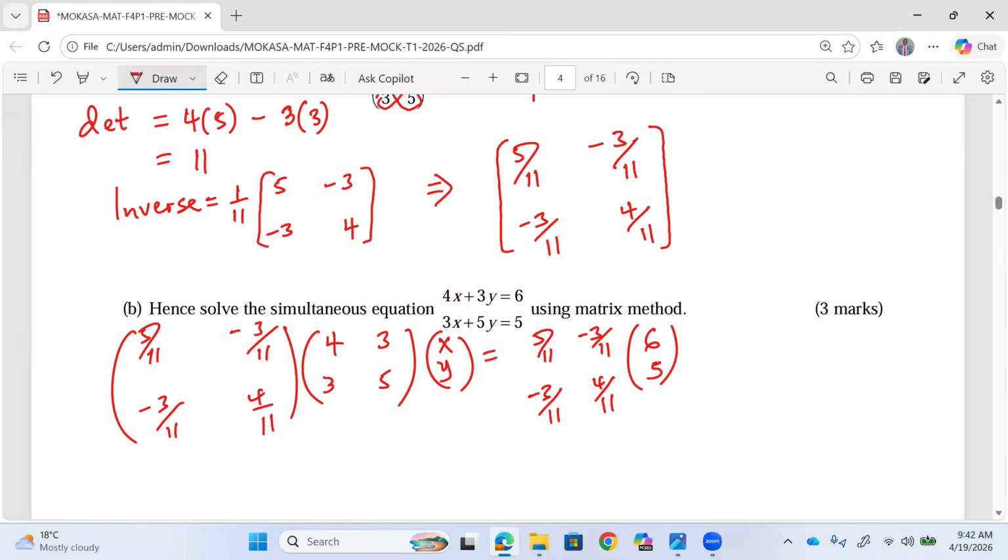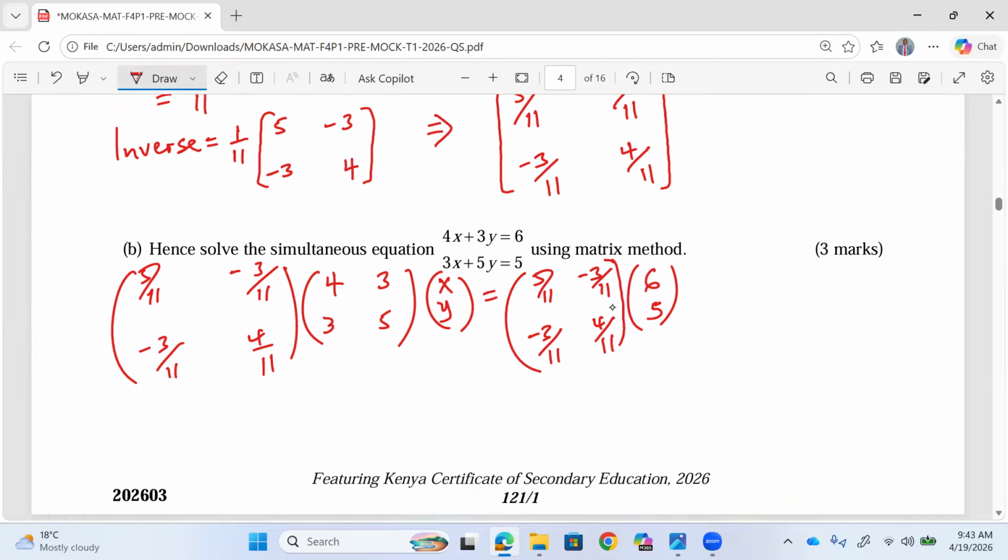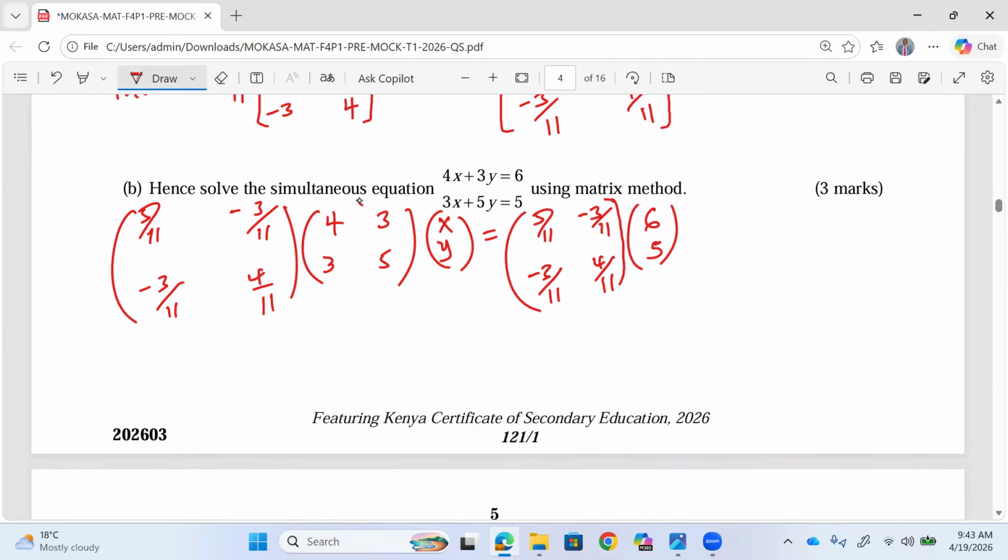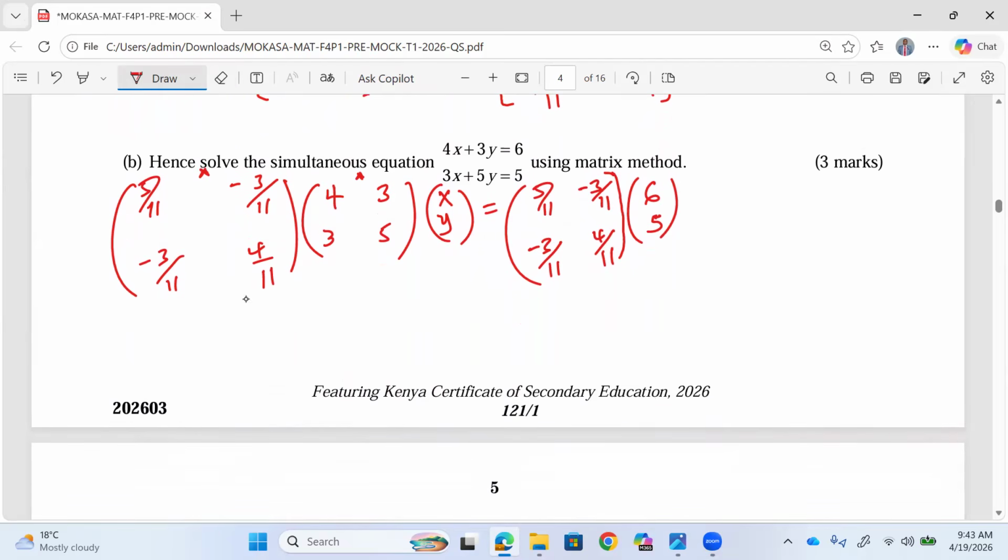So at this point, there are a few rules, a few principles, that we are supposed to observe, and that is a matrix multiplied by its own inverse is supposed to give us the identity matrix. So the identity matrix is 1, 0, 0, 1. A matrix with 1 in the main diagonal and zeros elsewhere, a 2 by 2 matrix.